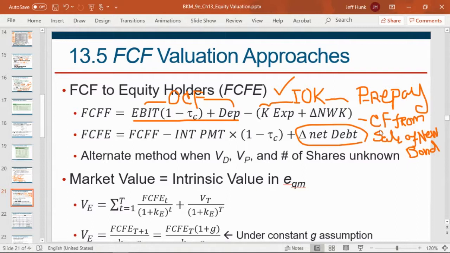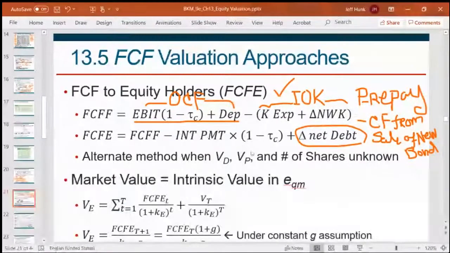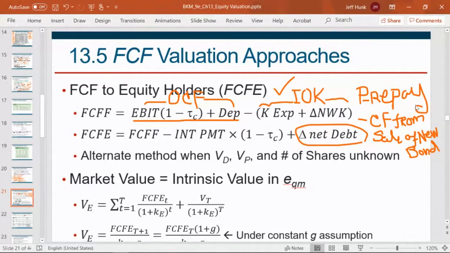Okay, and then actually the sign of this, I think it looks like if principal repayment is greater than the cash flow from new bonds, then it will be negative.